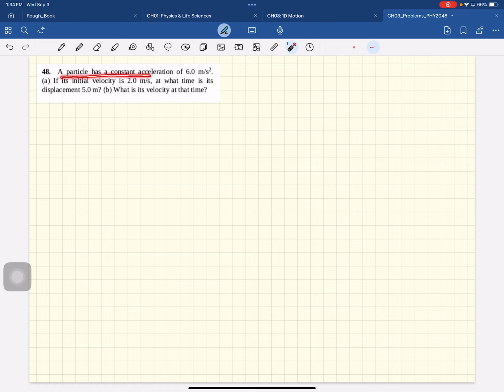A particle has a constant acceleration of 6 meters per second squared. If its initial velocity is 2 meters per second, at what time is the displacement 5 meters? So they're asking you for the time at which the displacement is 5 meters. Okay, so here is the formula for the displacement.